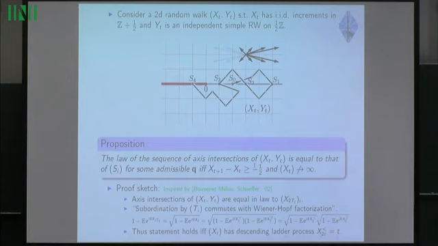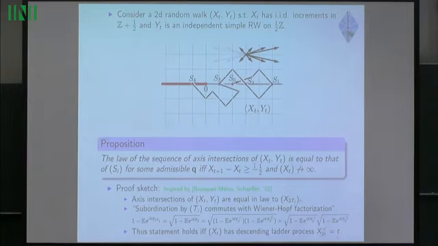The first is a magical three-line proof, which relies on work by Mireille Bousquet-Mélou and Gilles Schaeffer back in 2002, where they counted walks in the two-dimensional plane with a slit in it.